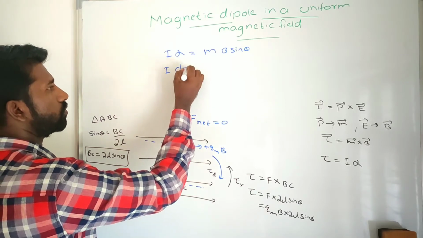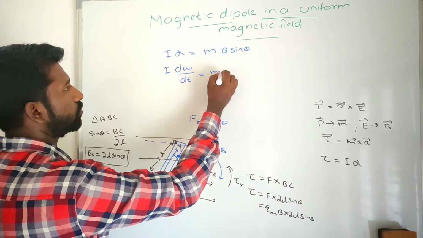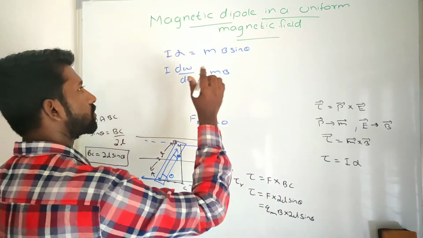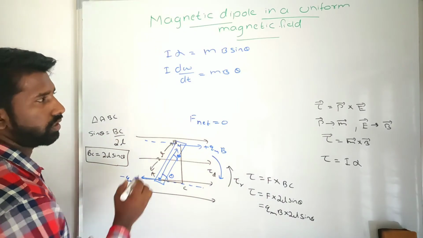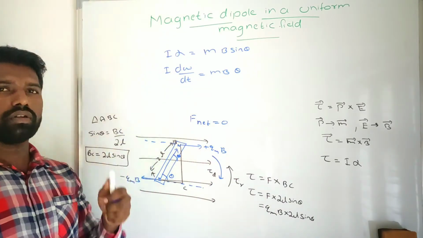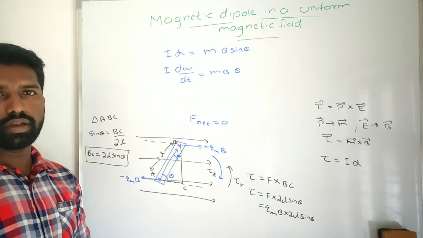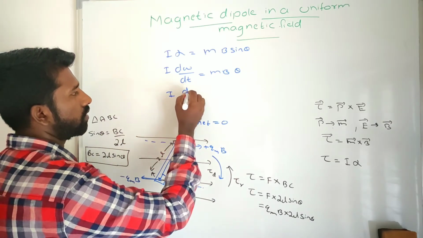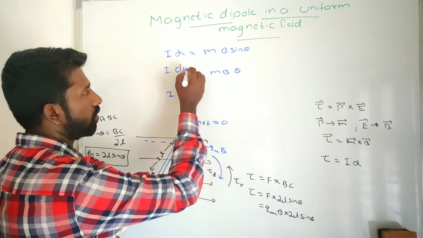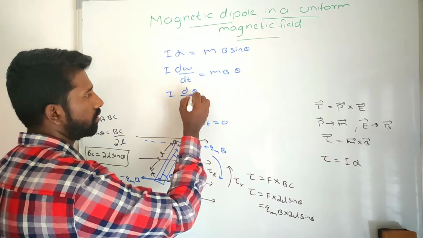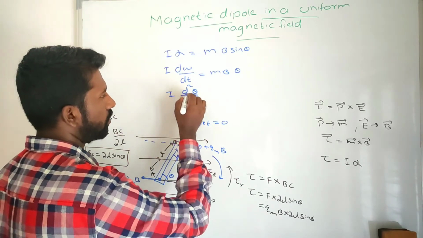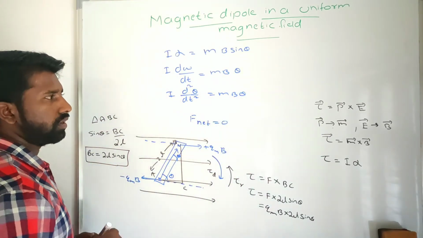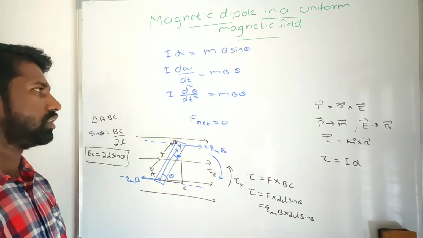So I into d omega by dt is equal to mB sin theta. If theta is very small, sin theta is equal to theta. Then this angular velocity omega we can write as d theta by dt. So this equation we can change like this: d square theta by dt square is mB theta by I, where theta is the angular displacement.